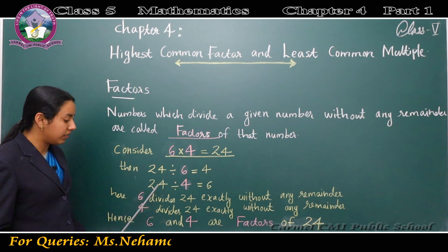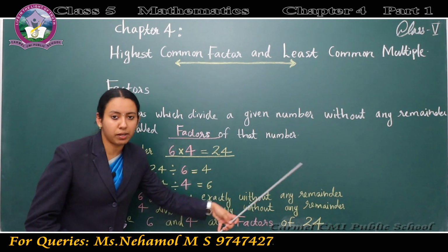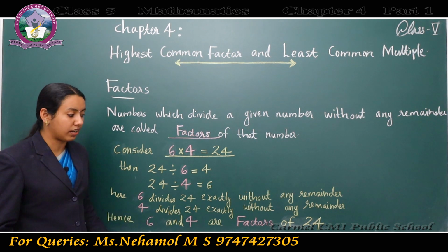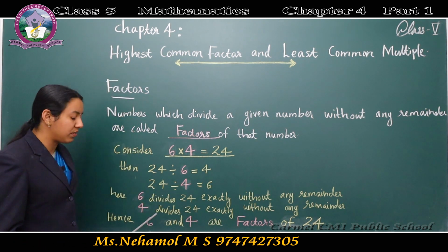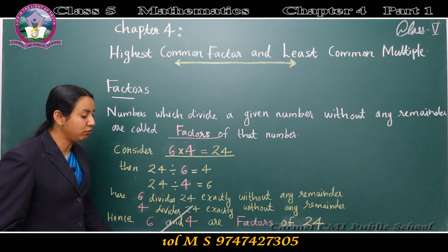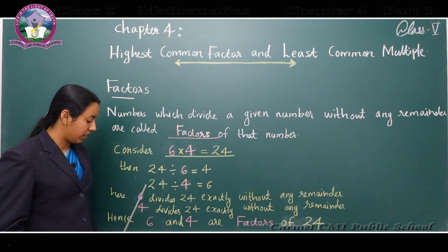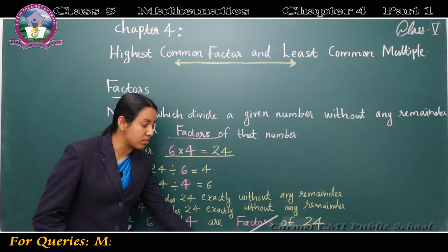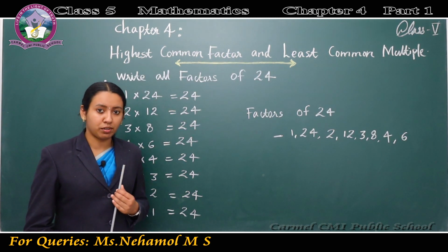Here 6 divides 24 exactly without any remainder. Also 4 divides 24 exactly without any remainder. Hence we can say 6 and 4 are the factors of 24. Which are the other factors of 24?